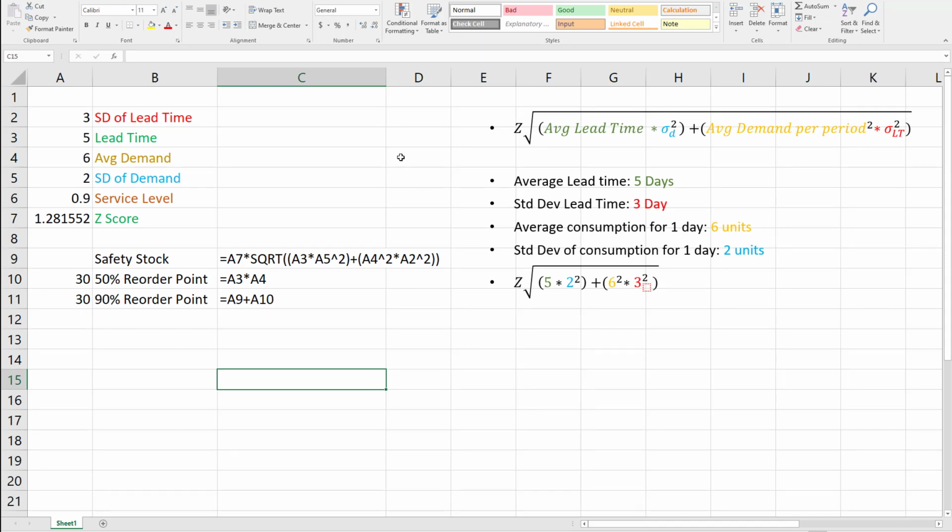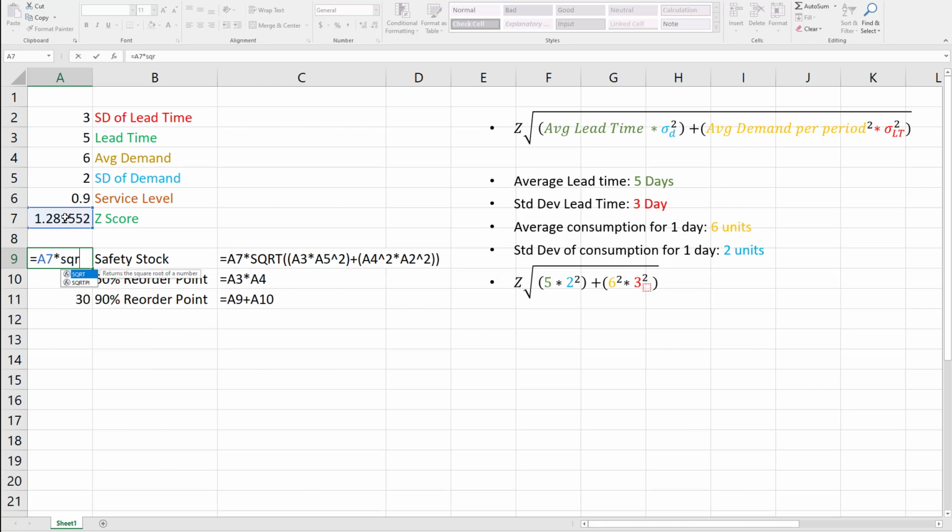So again, I've already built a lot of this, but I want to just walk you through how you would build this. So I've got the example here. Z-score calculated the same way. So equals, right, our Z-score times, and then we have square root, and we've got to use the double brackets.